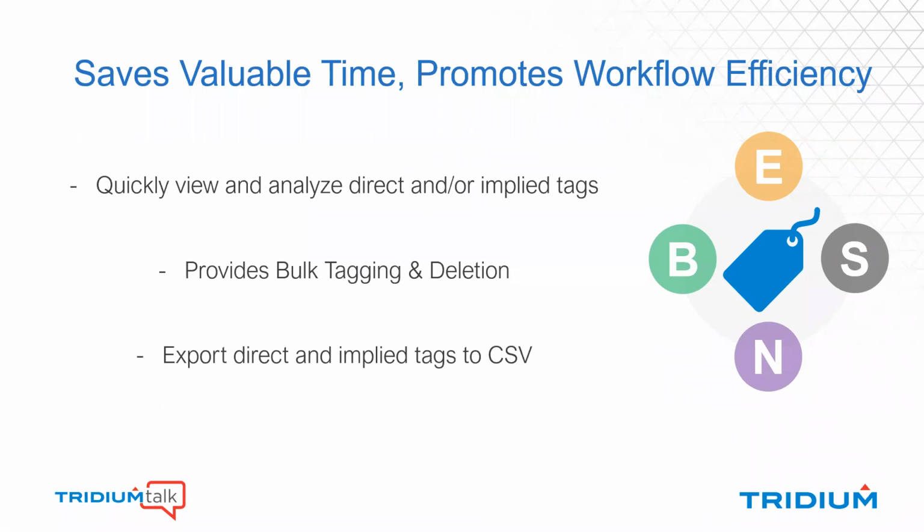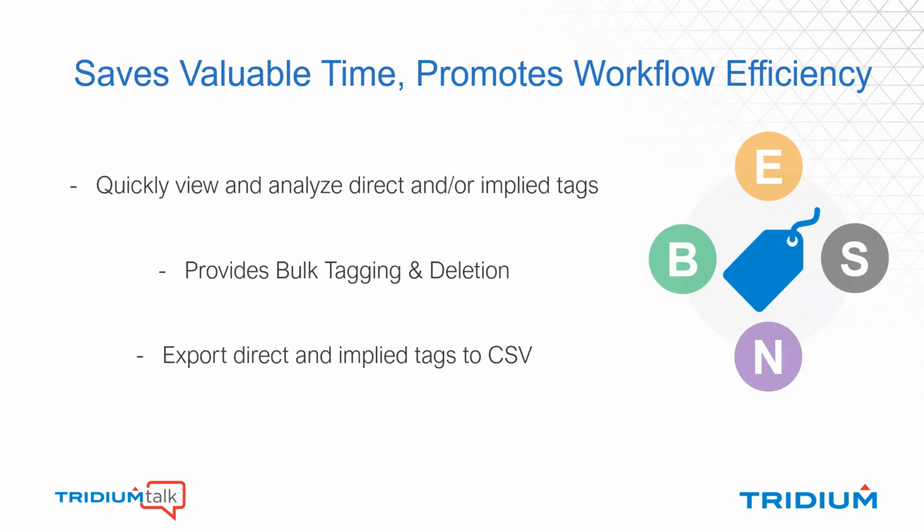The next thing we have is we can export direct and implied tags to CSV. So that's great just for your ongoing management. Let's say for your templating, let's say if you want to just have an understanding of how an existing system has been tagged, that's a great way to collect that information, especially if you want to validate whether my tag rules are doing what I want them to do.